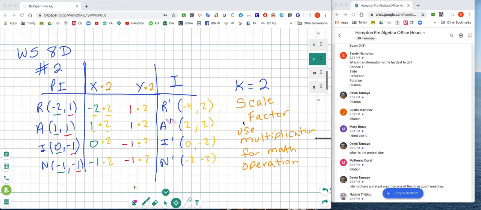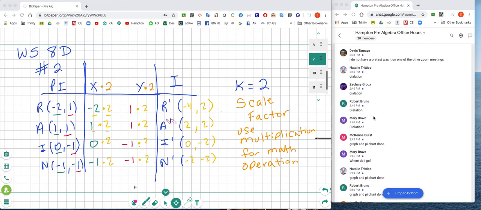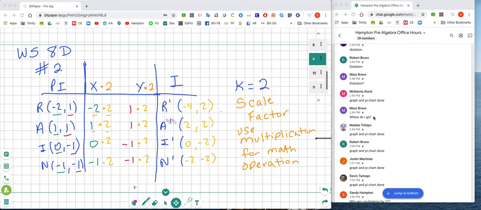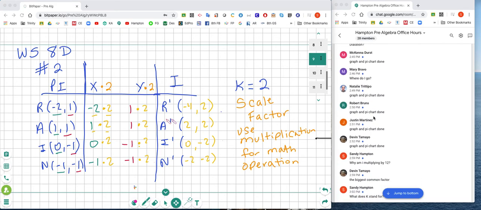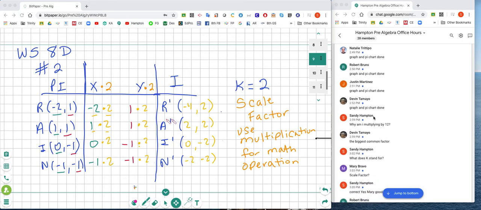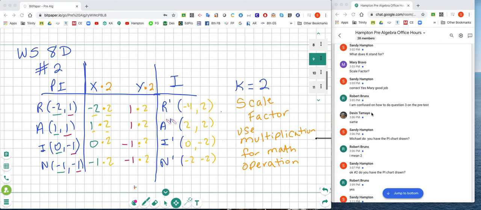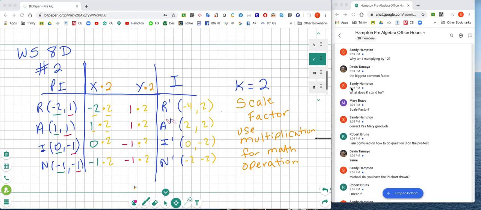Right now, we're about halfway through our dilation of how to dilate, or enlarge or shrink, a figure. So go ahead and add in which one is the hardest for you. Okay, and then put into the chat as soon as you have your T chart and your graph done.